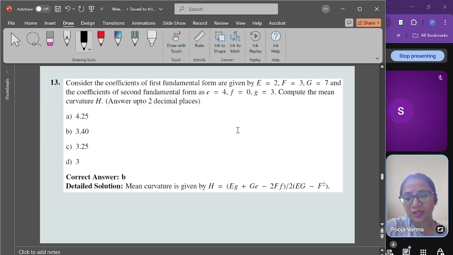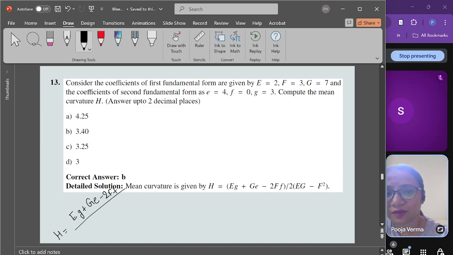So mean curvature is computed from the coefficients of the first and second fundamental forms, that is this one: H is equal to (EG plus GE minus 2FF) divided by 2(EG minus F square).